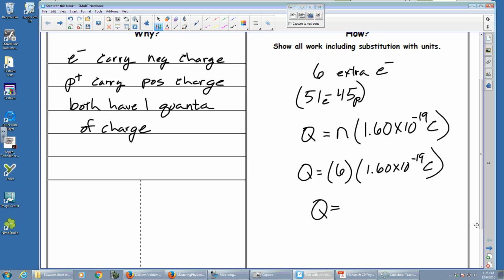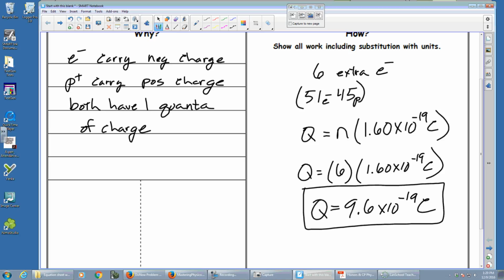I know it's an interesting concept, but for those of you that are looking to pass, it can be a helpful thing. And I get 9.6 times 10 to the minus 19th coulombs. And I bet that's right, but let's make sure I know how to enter it.